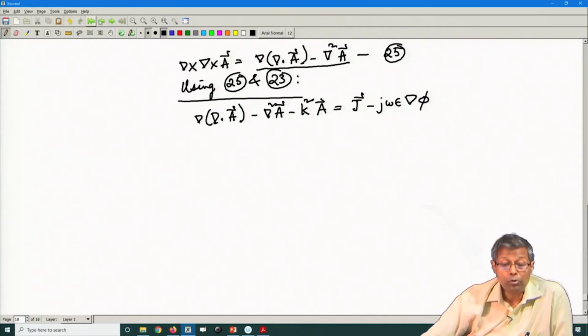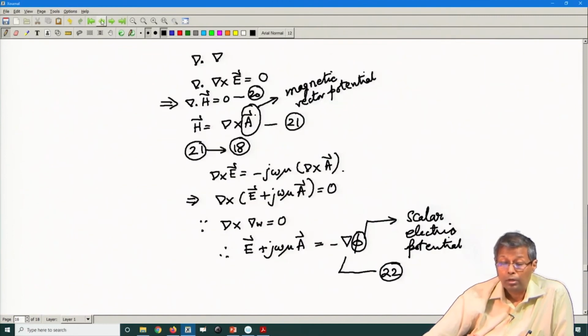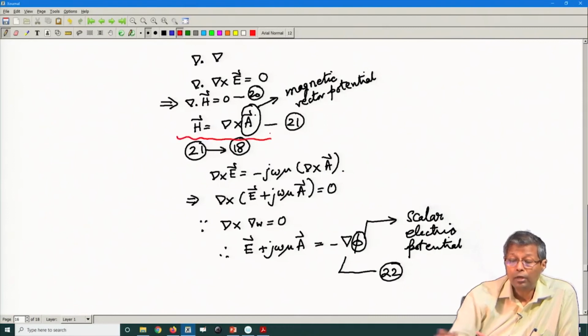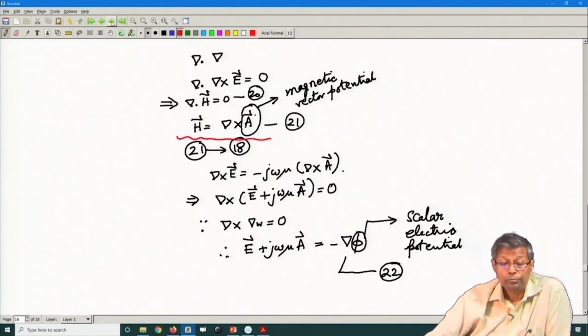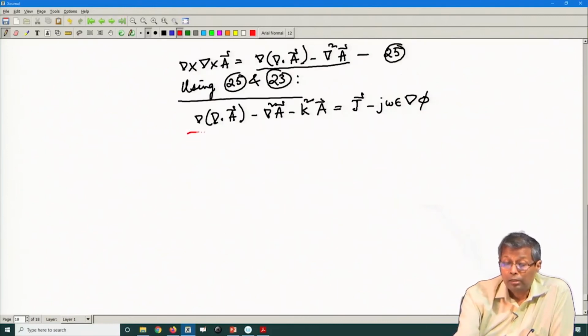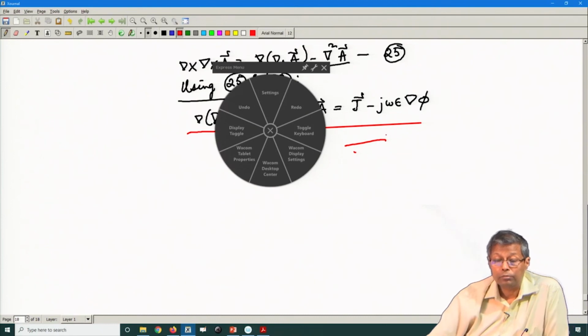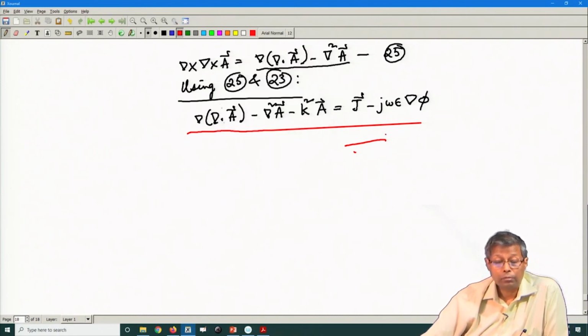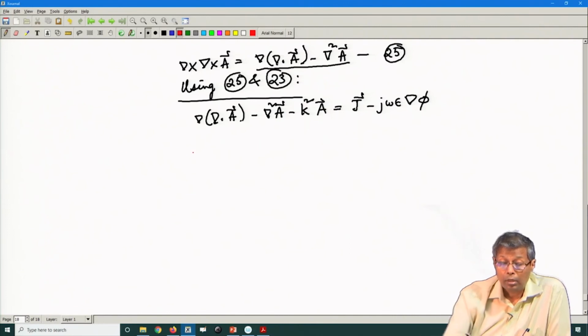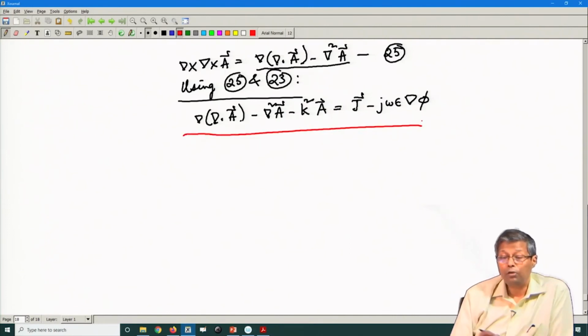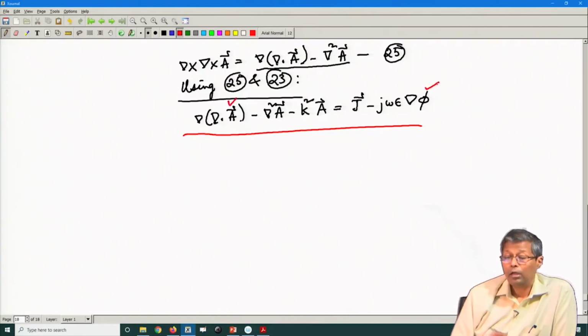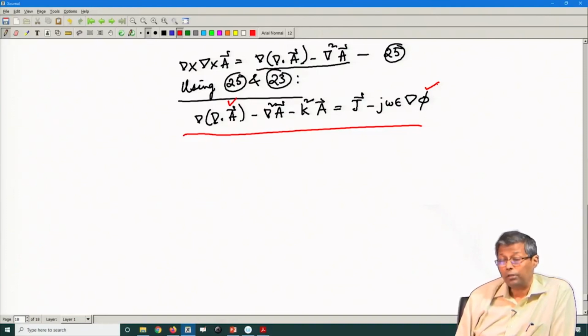Now, if you look at equation number 21, in this equation we have specified the curl of A. This is a rather difficult equation involving A and phi in a complex manner. It is a single equation involving A and phi.